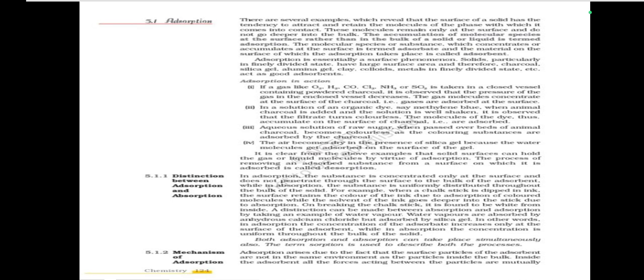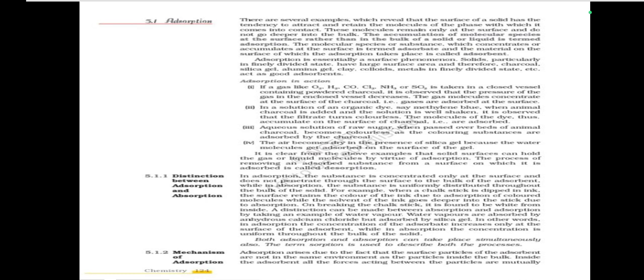That is, gases are adsorbed at the surface. In a solution of an organic dye, say methylene blue, when animal charcoal is added and the solution is well shaken, it is observed that the filtrate turns colorless. The molecules of the dye accumulate on the surface of charcoal, that is, are adsorbed.